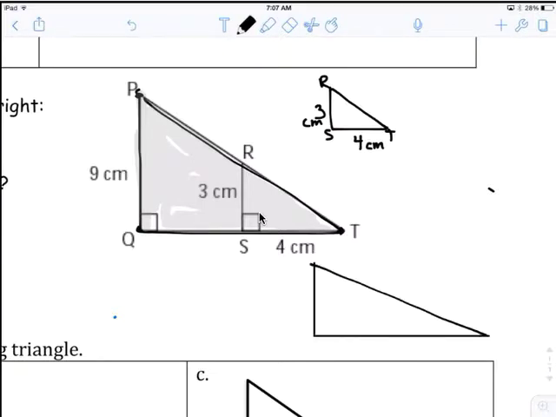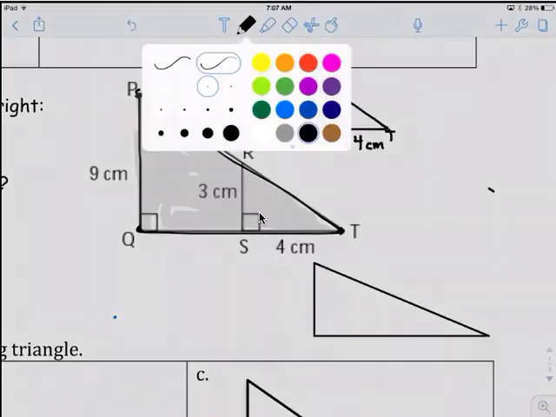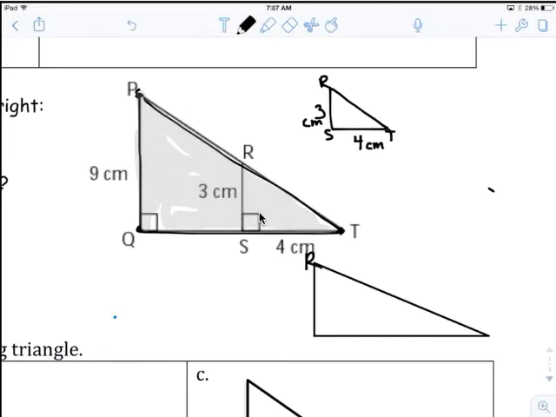And try to draw what you see. And then label it. R, Q, P, sorry. That's P, Q, T. That's 9, and this side corresponds to this.